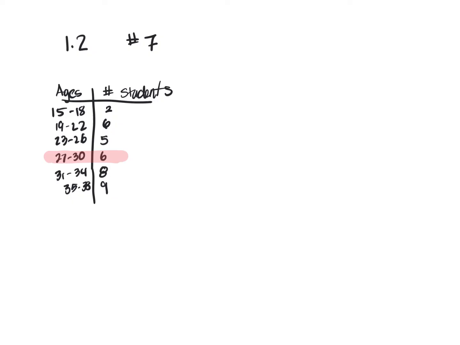So I would go all the way up to here. So my cumulative frequency column would start at 2. 2 plus 6 is 8. 5 plus 8 is 13. 13 plus 6 is 19. So my answer would be 19. So hopefully that clears you up on that question.